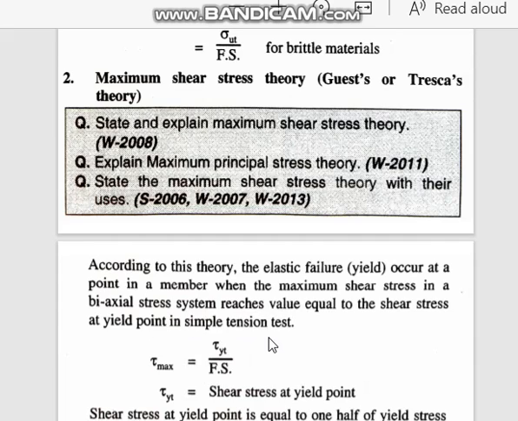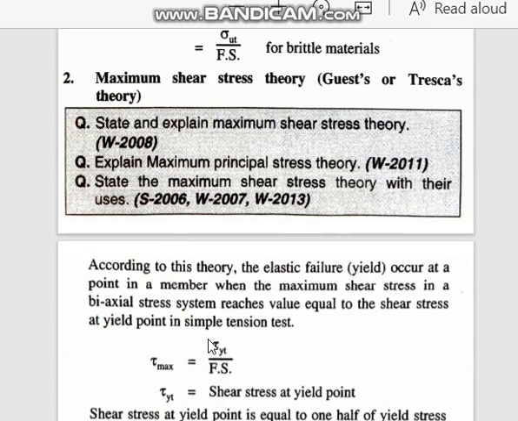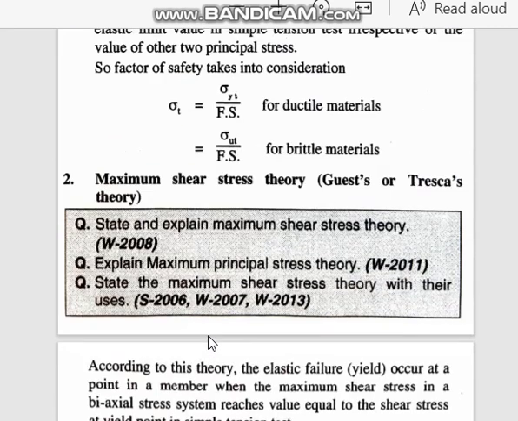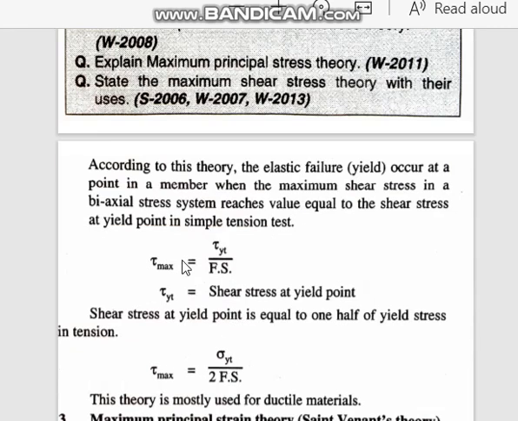You see, here also we talked about simple tension test, in the first thing also. And though it is not mentioned here that it is a biaxial stress system, in the first also it is a biaxial stress system only.